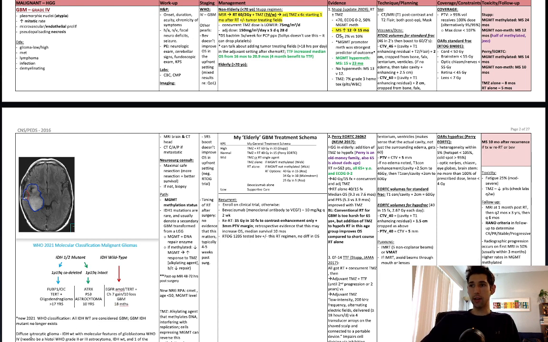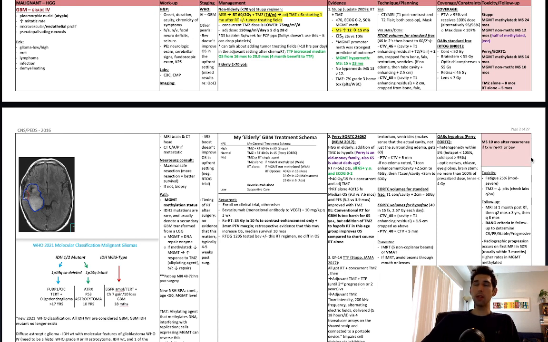Diffuse astrocytic glioma is an IDH wild type with molecular features of a GBM: again, EGFR amplification, or plus 7 minus 10 whole chromosome gain or loss, or TERT promoter mutation. For an IDH mutant, grade 2 to 4 astrocytoma, CDKN2A homozygous deletion is automatically considered a grade 4 glioma.